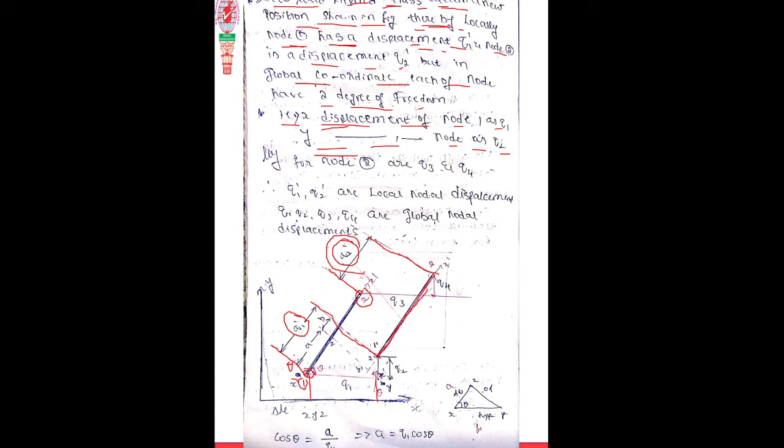Similarly, at node 1, with respect to y, the displacement is q2. At node 2, with respect to x, the horizontal displacement is q3. Similarly, at node 2, with respect to y, the nodal displacement is q4.